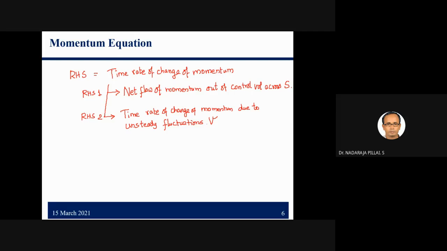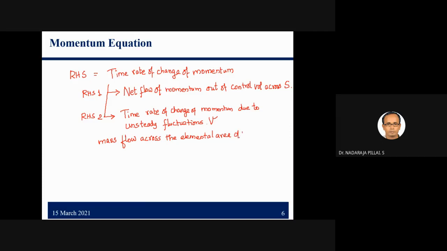So to obtain this net flow of momentum, we can say the mass flow across the elemental area dS, right? So what is the mass flow across the elemental area?